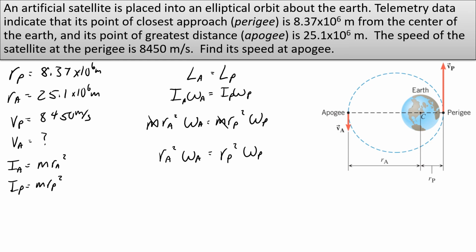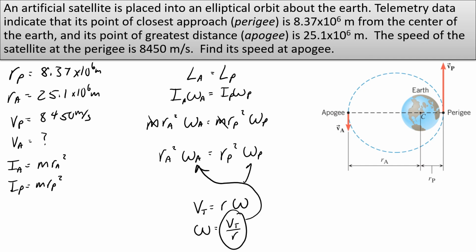They tell you the velocity, and in our equation we have the angular velocity, so I'm going to need to use a switcheroonie. We know from the reference table that the tangential velocity is equal to r omega, which means that omega is equal to the tangential velocity divided by the radius. So we're going to plug this in.